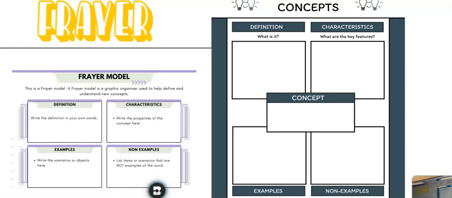Now, let's say that one of your table partners, when they share, had a good point and you made a point that was very similar and you wanted to share what you had. We would not say, ooh, same. You would say, I want to expand on your point about minority rules. Okay?